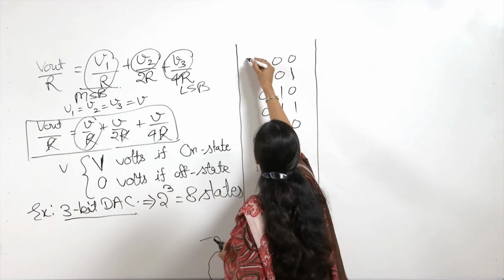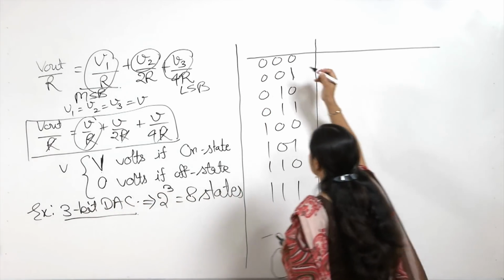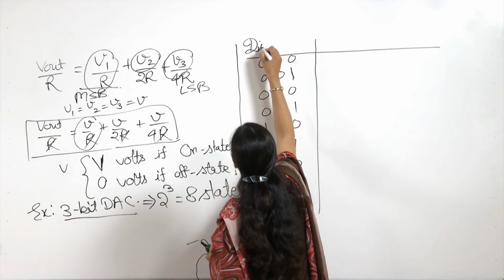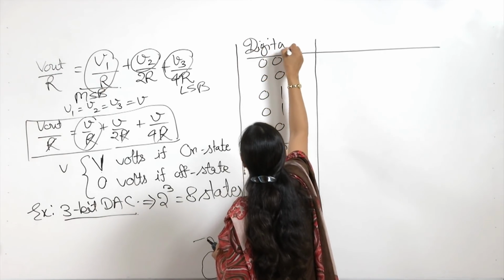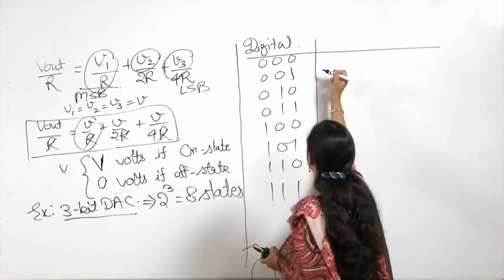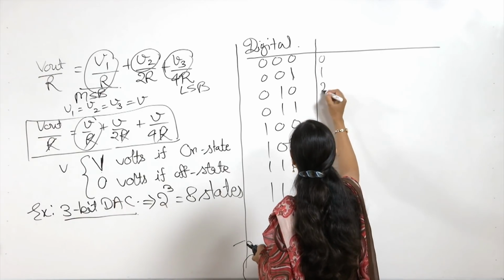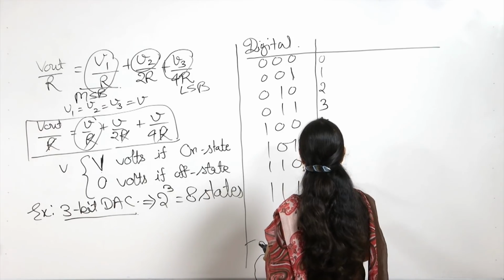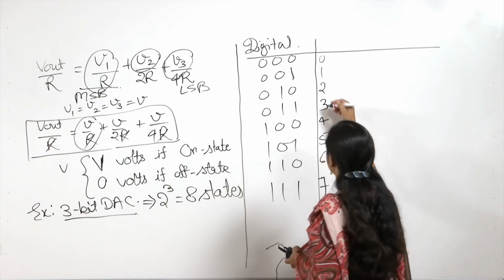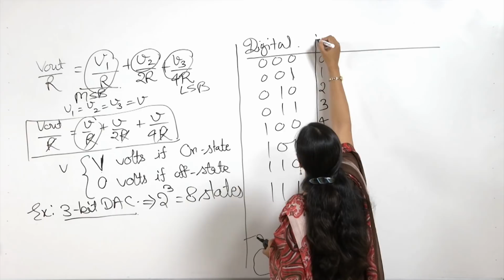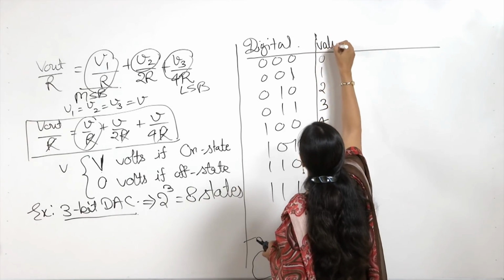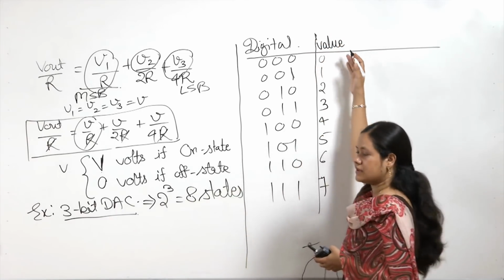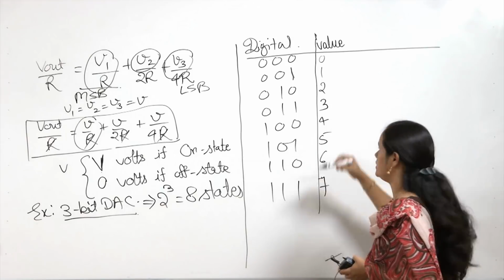So, this is the digital information we have, which is representing a particular value, which is 0, 1, 2, 3, 4, 5, 6, 7. So, its actual value in the integer form can be from 0 to 7 here.